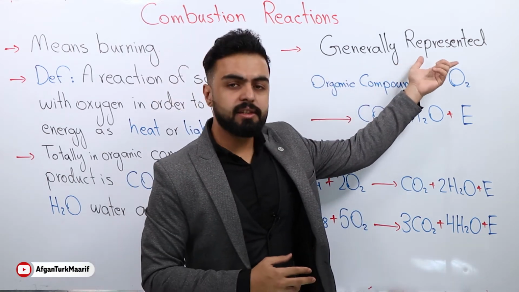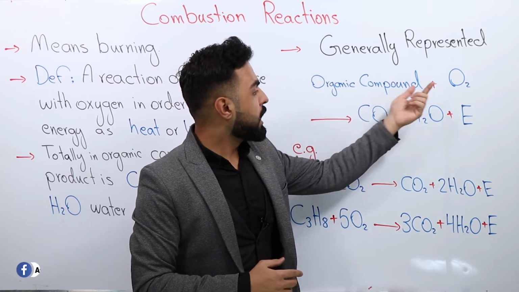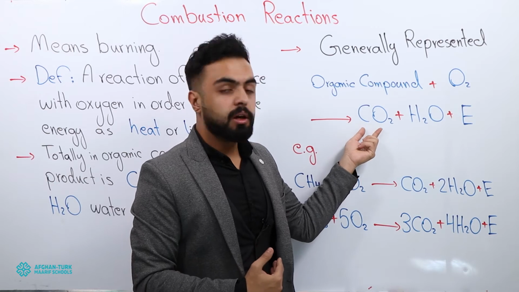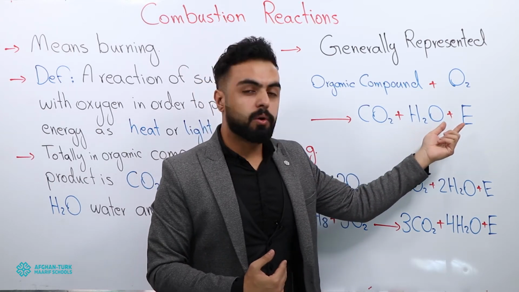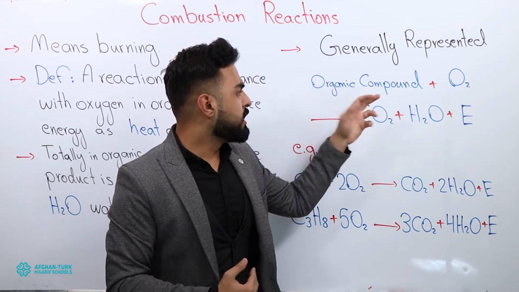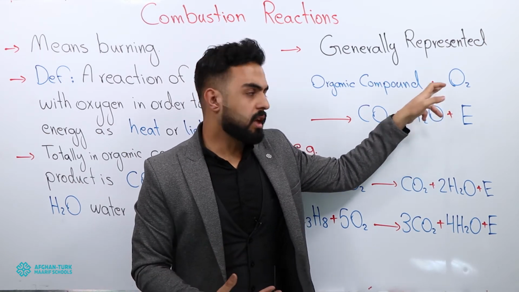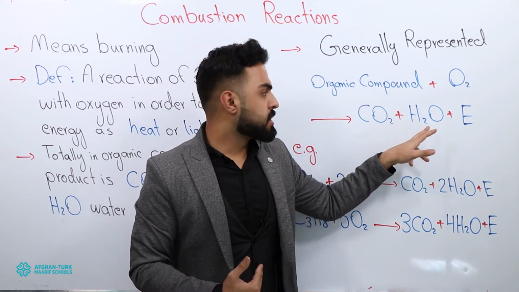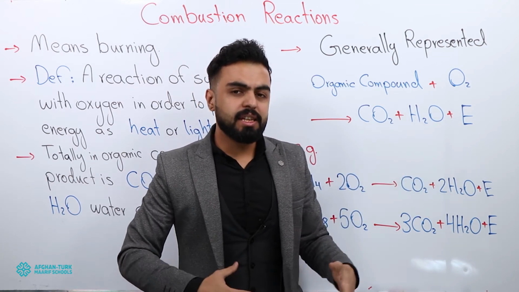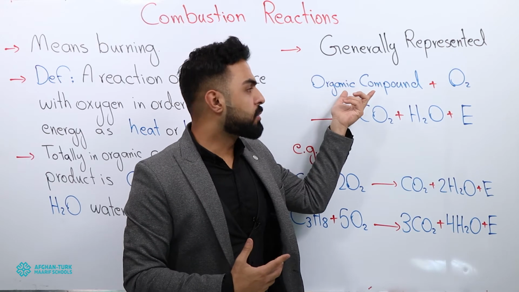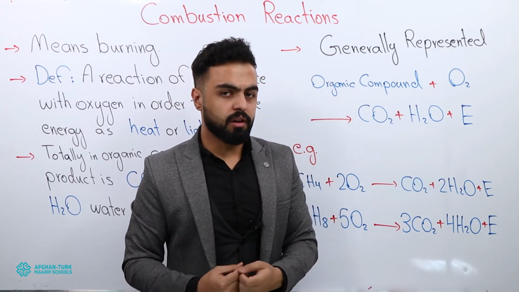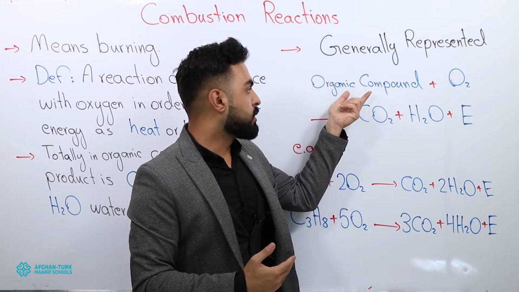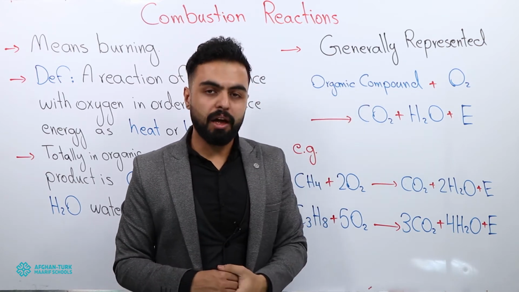Generally, we represent it like this: organic compound plus oxygen, the result will be carbon dioxide, water, and energy. The amount of oxygen that we need, the amounts of carbon dioxide and water that are produced, and the amount of energy are totally related to the organic compound that we burn. So it can be any number according to the organic compound.